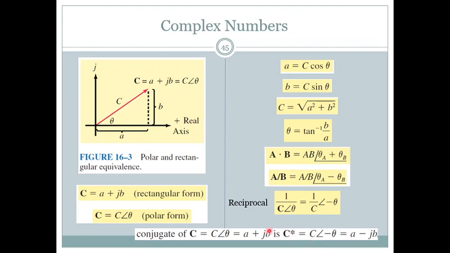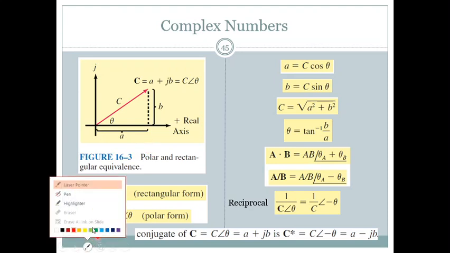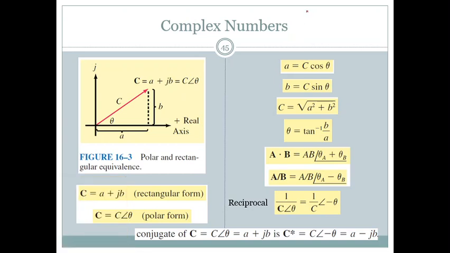Now one point. Although we have all these relationships mentioned, your calculator will allow you to convert between these parameters, that is Cartesian A plus jB to C angle theta.